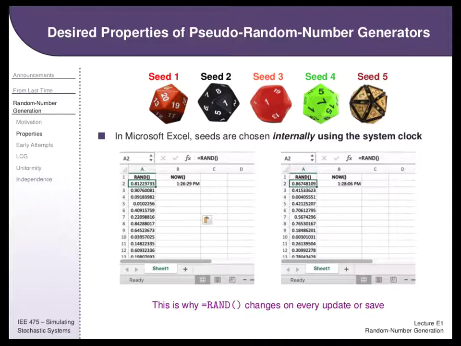So every time you save a spreadsheet or update it, it reseeds the random number generator, and that's why at one time you'll get a certain string of random numbers, and at a slightly different time, if you've updated it, you get a different string of random numbers. Unless you go into VBA, you don't have access to the seed in Excel, and that is frustrating. And it's like, gee, wouldn't it be nice if I could control this seed?